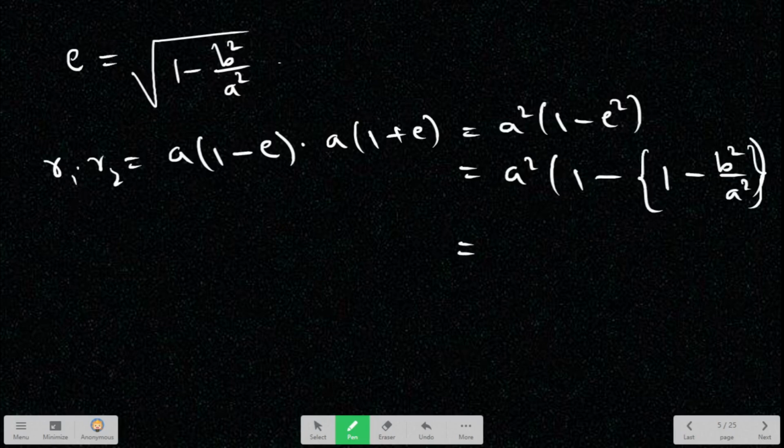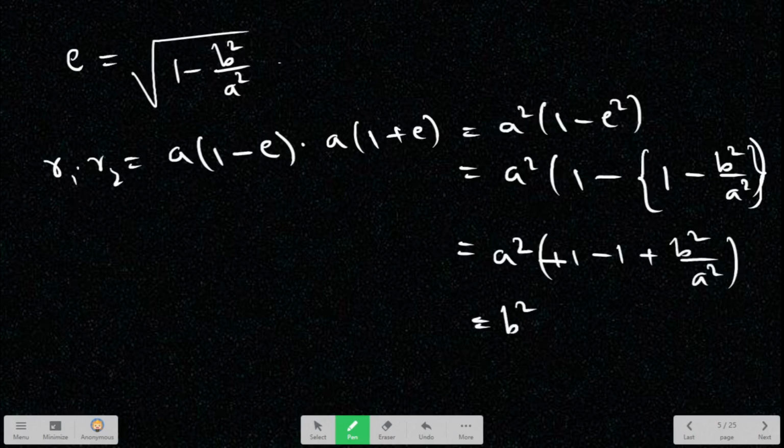So this is equal to A square minus A square into B square by A square. So this is equal to B square. So R1 into R2 is equal to B square.